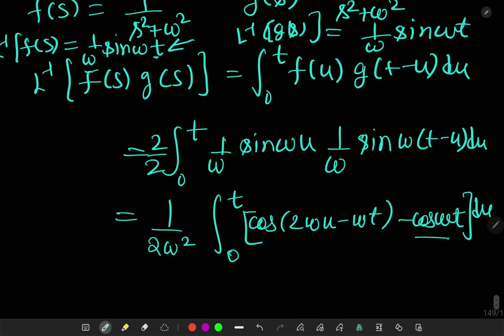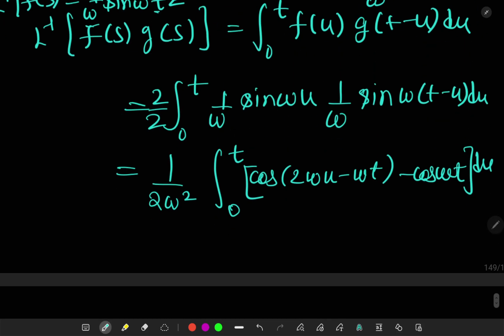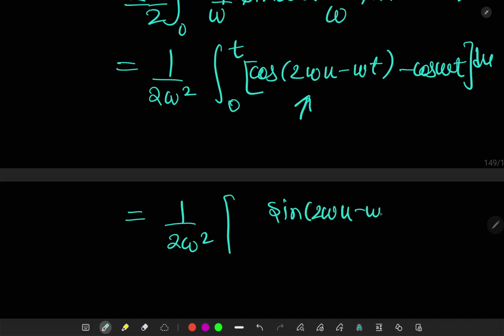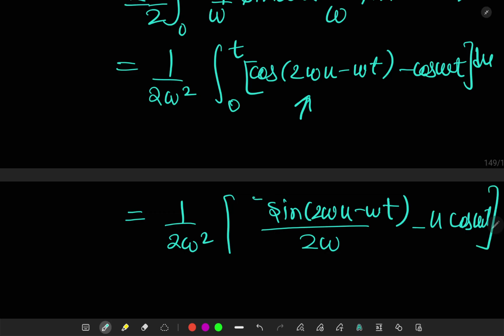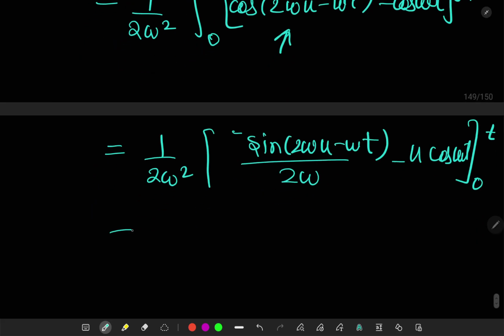As you see, cos wt is constant, so the integration of this term becomes this, divided by 2w, minus u cos omega t, with limits from 0 to t. After putting the limits we get this value.